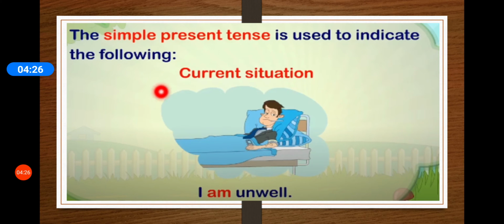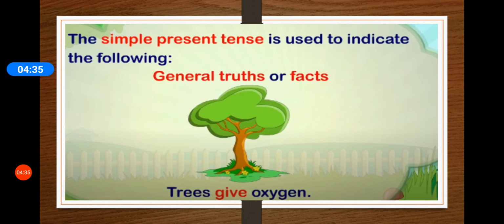So simple present tense is used to indicate current or the present situation. Also, very important thing, simple present tense is used to indicate general truths or facts, like trees give oxygen. That is a fact. So, again we have used simple present tense.